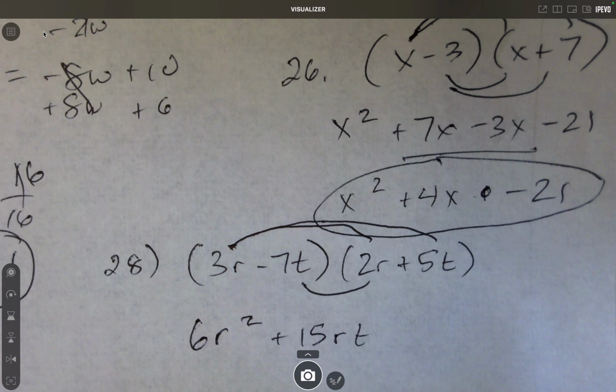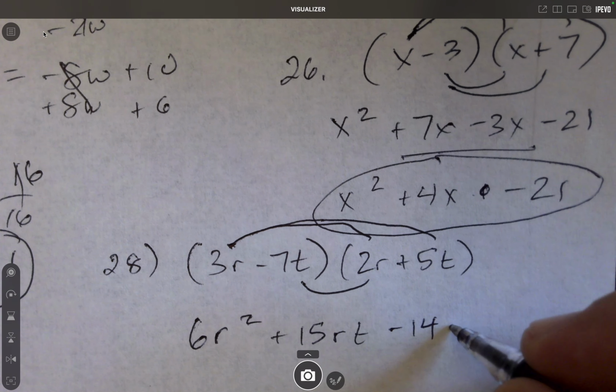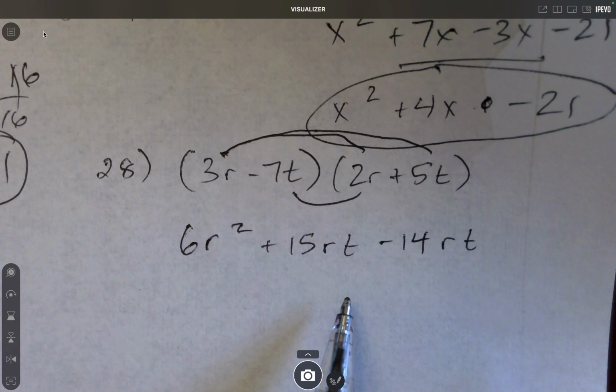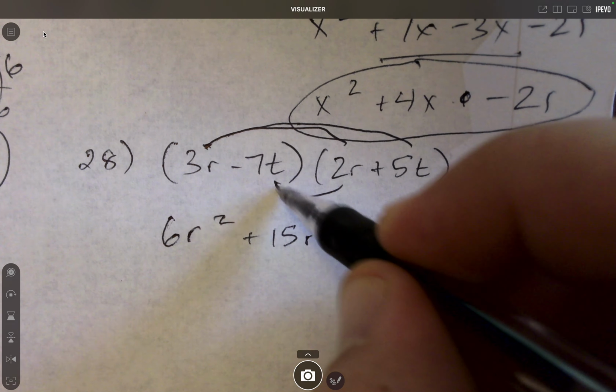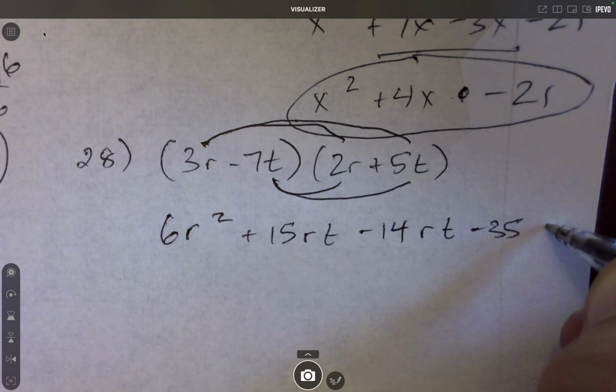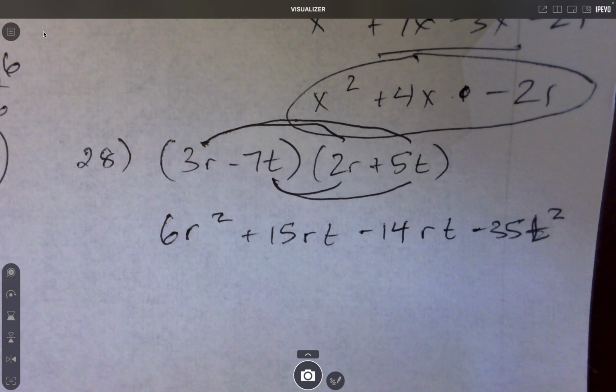Negative 7 times 2 is negative 14, t times r, you can write it as tr or rt, it doesn't matter. The order that these are put in doesn't matter, it's still the same thing. And then negative 7 times 5 is negative 35, and t times t is t squared.